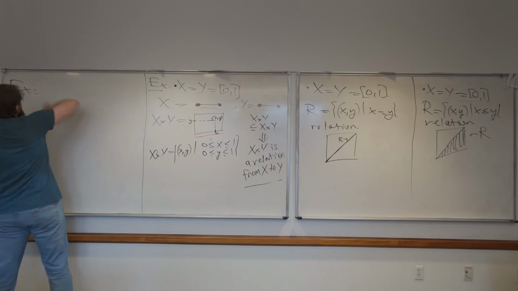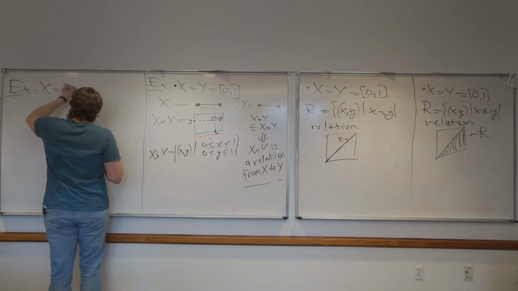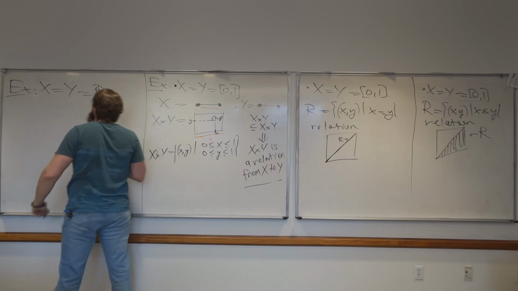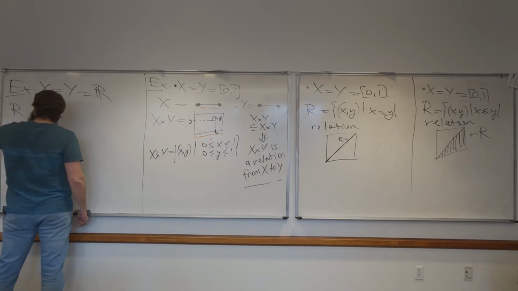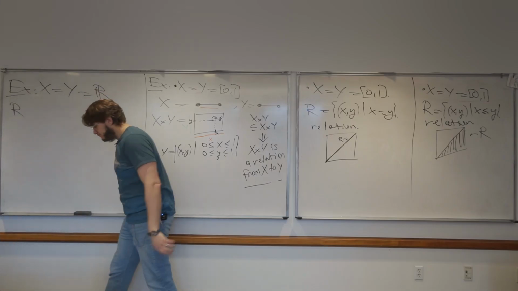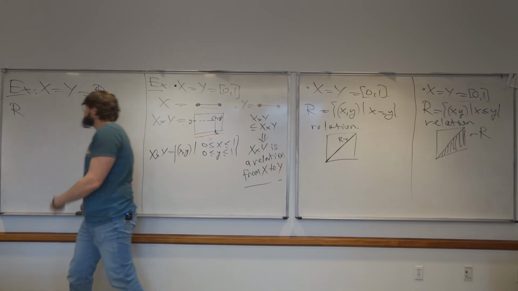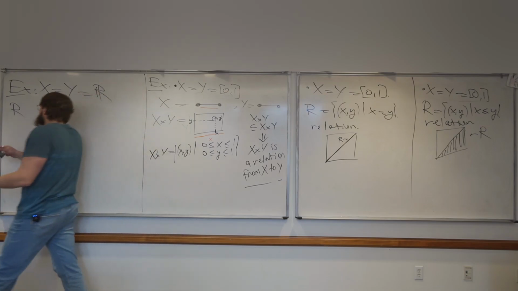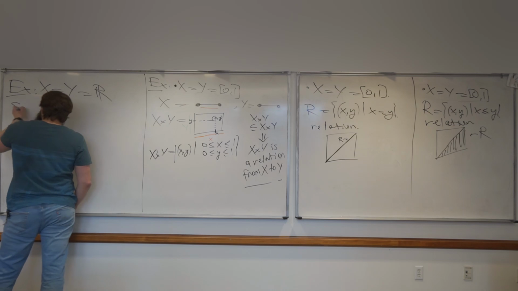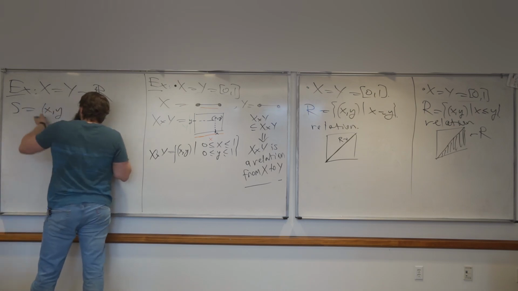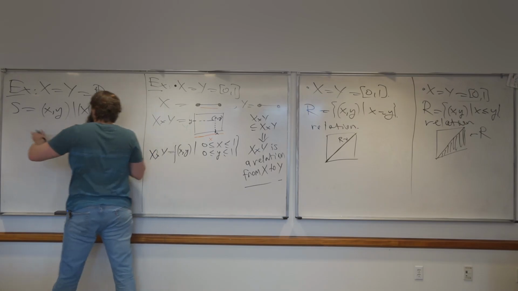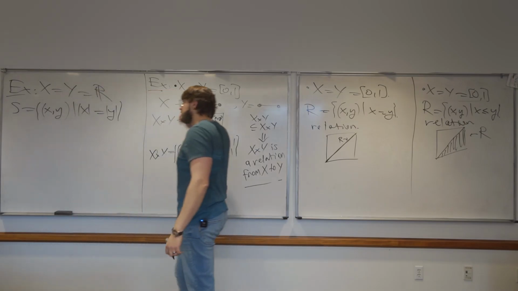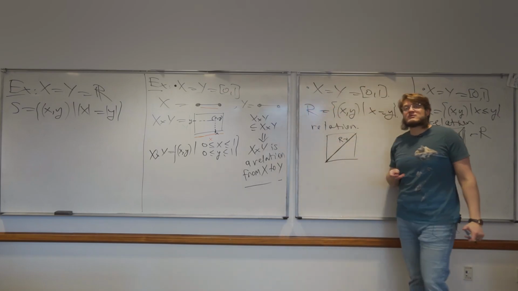Let's say both x and y are the reals. Okay, and let's define the relation R. And by the way, just because we're talking about relations, you don't need to necessarily use the letter R. If you want, you can use some other letter, of course. Let's say S, x and y, such that x in absolute value equals y in absolute value.